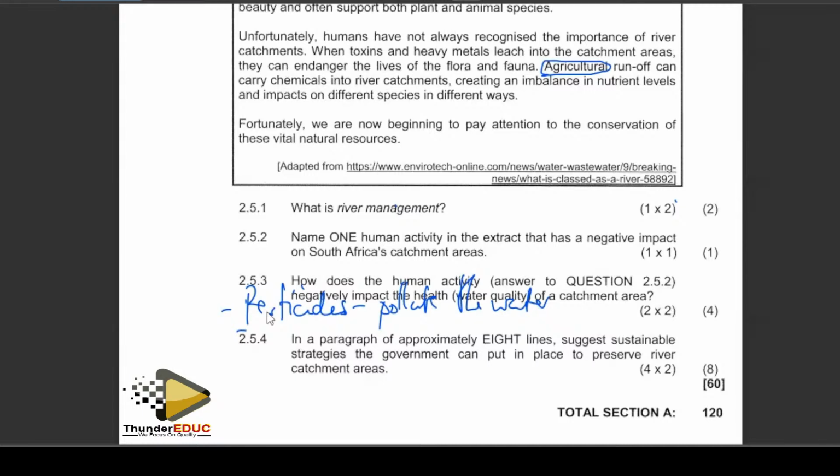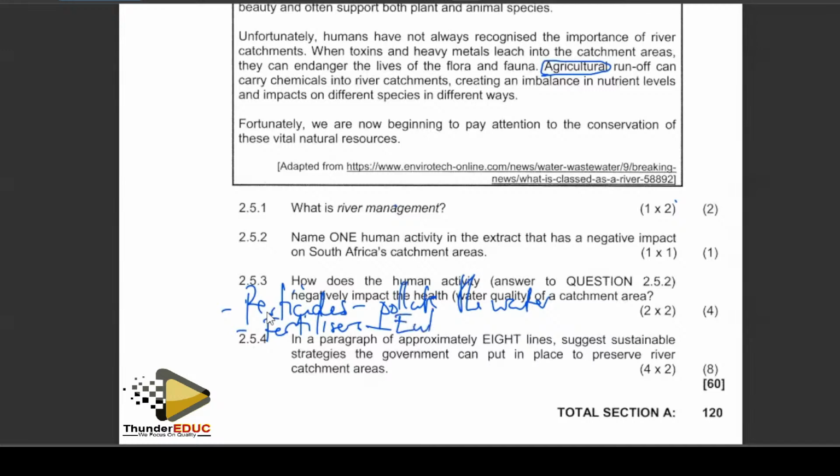Then the other threat from agriculture is that of fertilizers. Fertilizers are added by farmers to the soil to enrich the nutrients. The nutrients also get washed into the water bodies, and they will affect the health and the water quality.